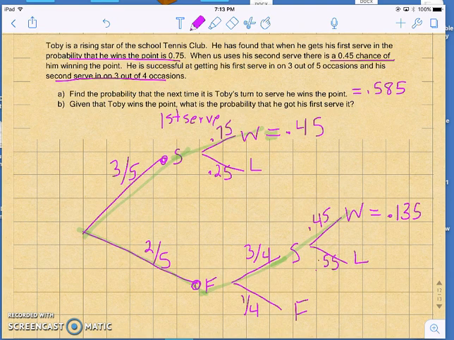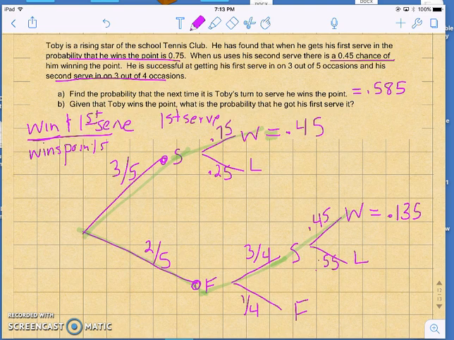So this next one, given that Toby wins the point, what is the probability that he got his first serve? So this is that conditional here. So our conditional is that given that he wins the point, and on the top, it would be win and first serve.